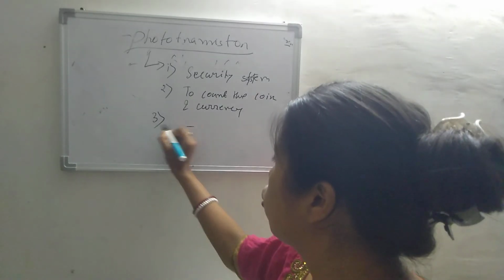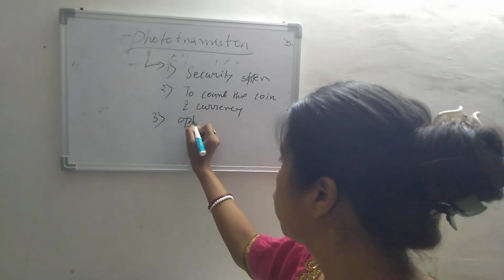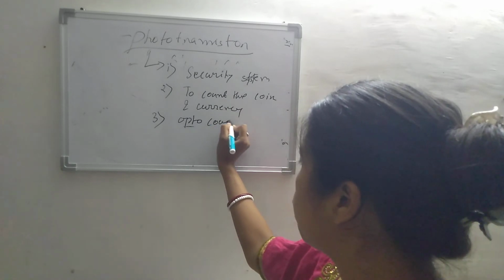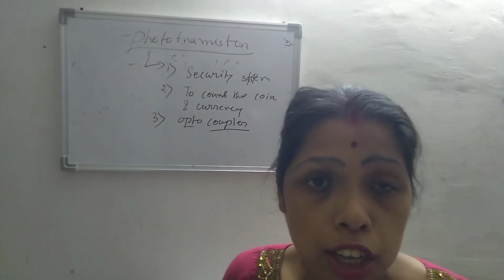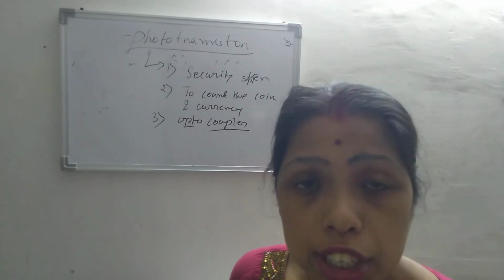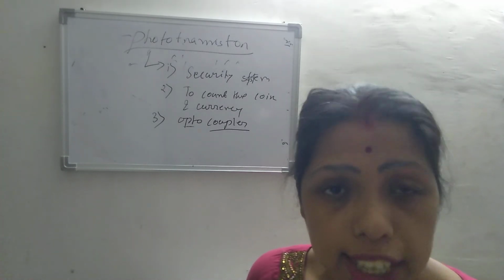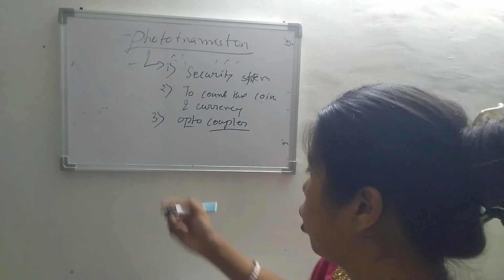Third, you can also use it as an optocoupler. Coupler means coupling two different signals. What kind of signal can we use? We can use the optical signal. That is the optocoupler.